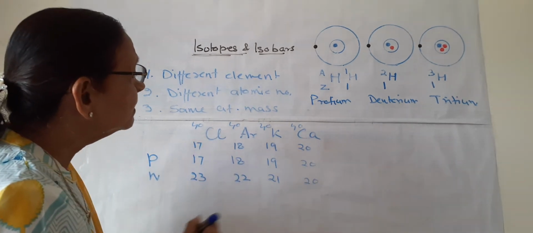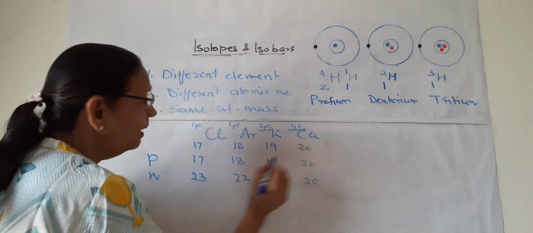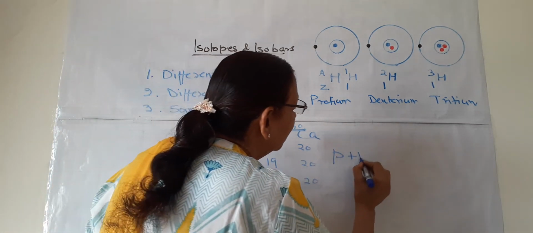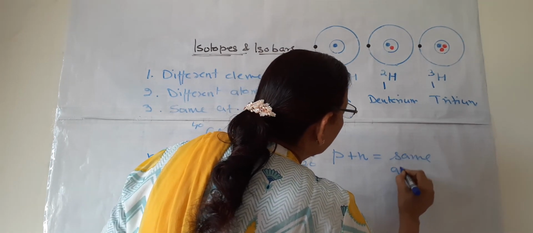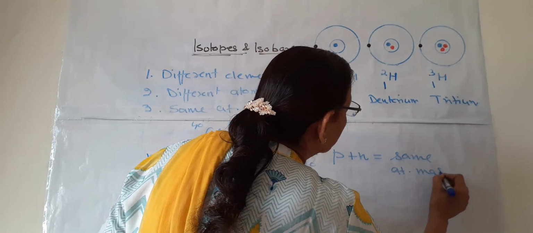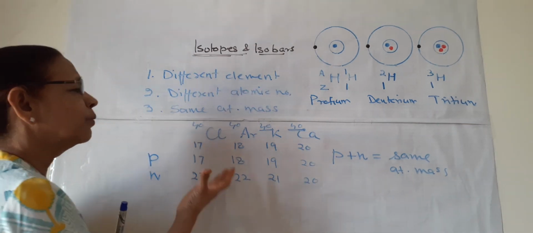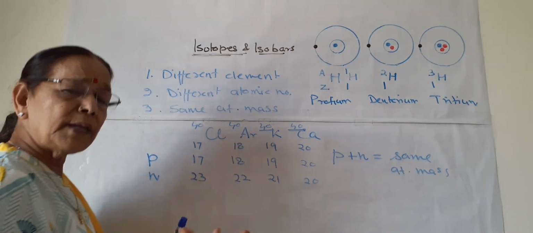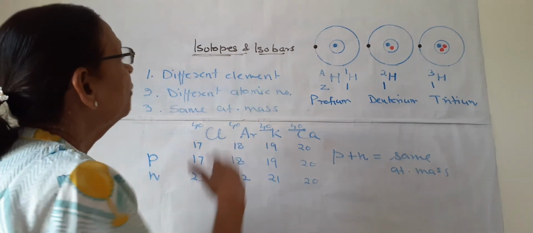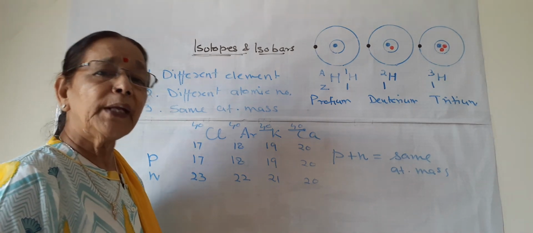But what is the same? The total P plus N, which is the atomic mass, is the same. So these are known as isobars, and this is one of the examples. There are other isobars also, and now you know isotopes. So this is all for today. Thank you.